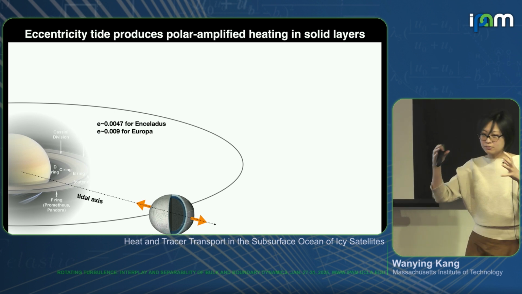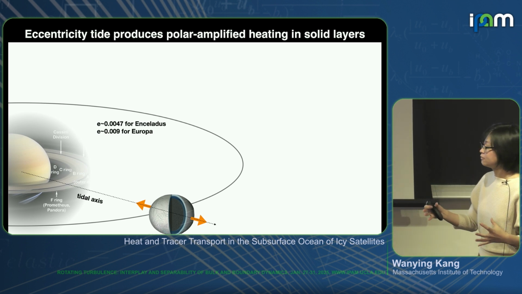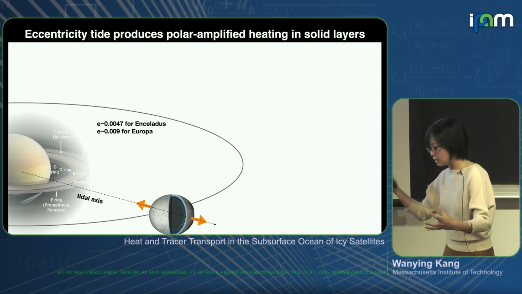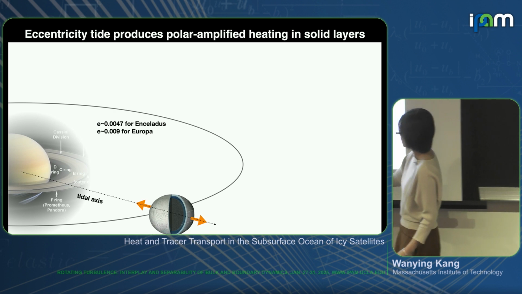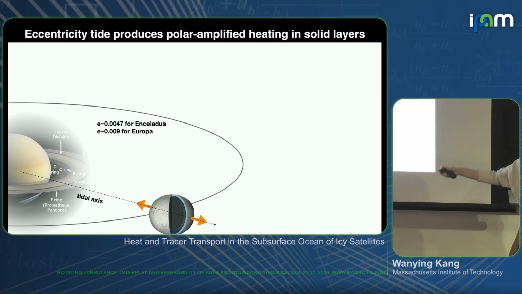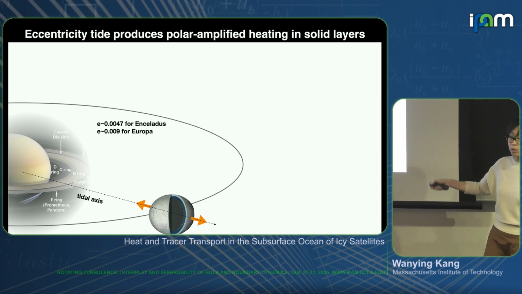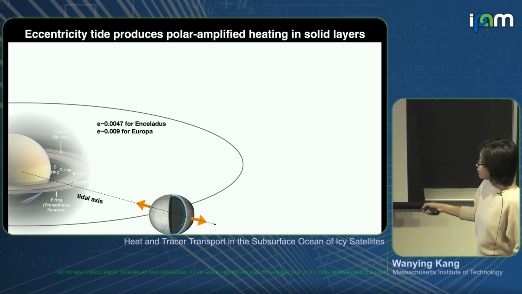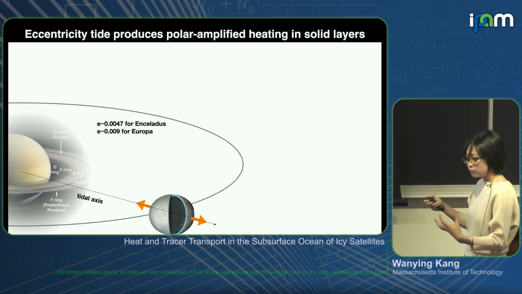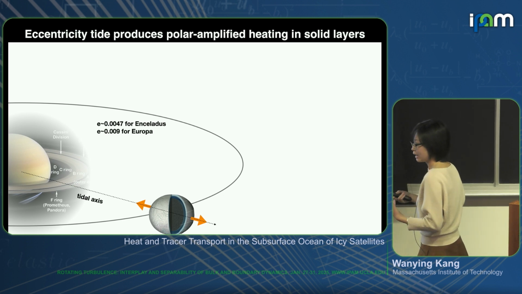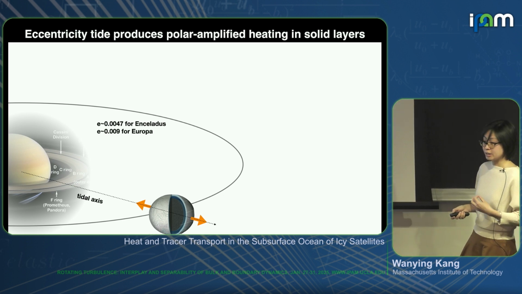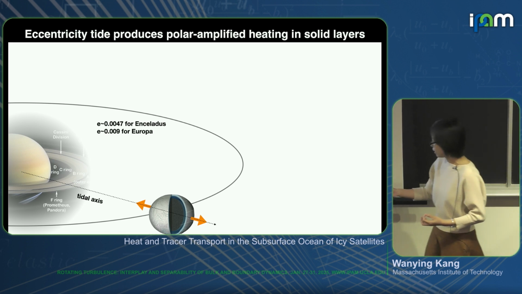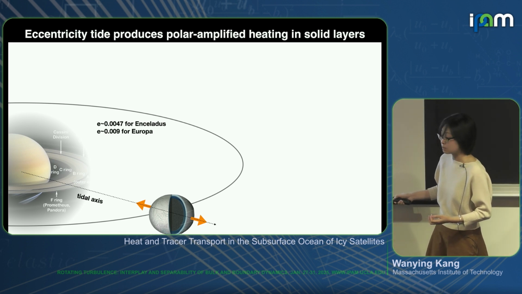Because of Saturn's low quality factor, it exerts a momentum torque onto these icy satellites as they orbit around it and makes their orbits eccentric. The eccentricity of the orbit is a kind of energy source, and that energy can be extracted and dissipated in the satellite system itself.